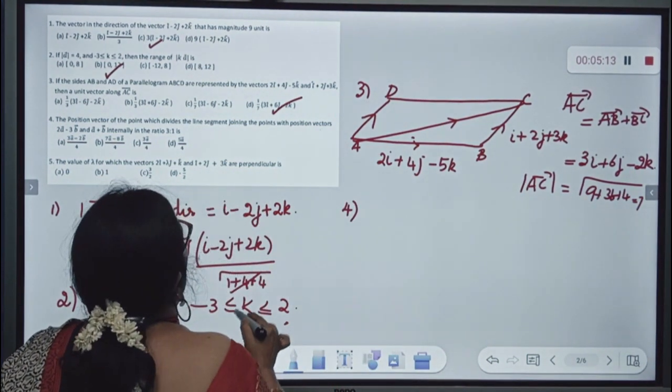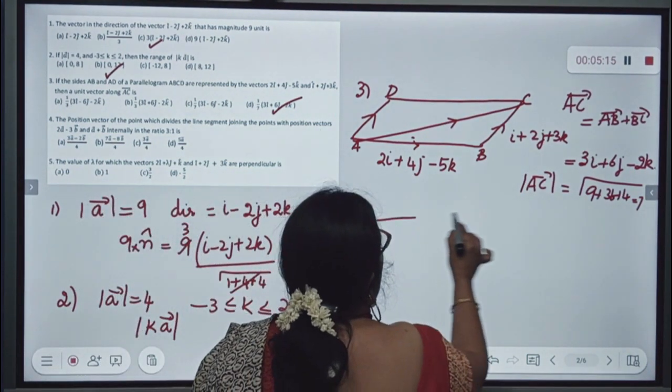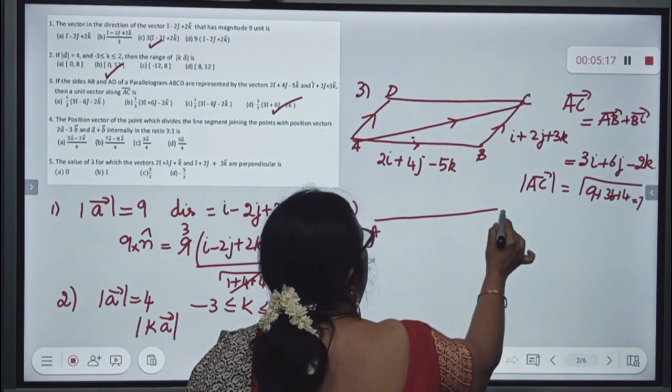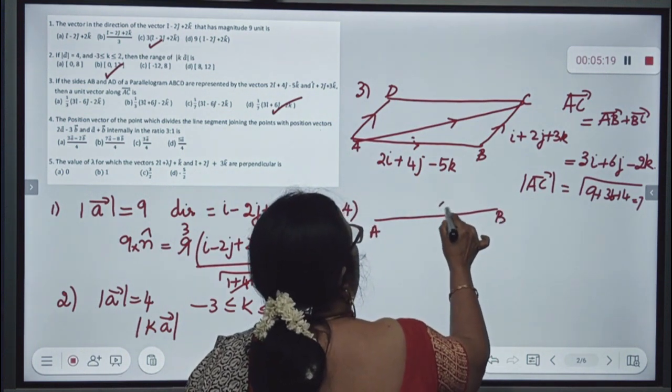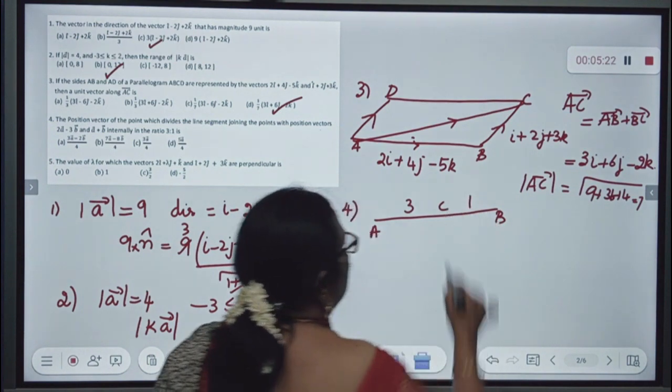You are given the position vectors of A and B, which are 2a minus 3b and a plus b. You have to find the position vector of C, which divides AB in the ratio 3:1.